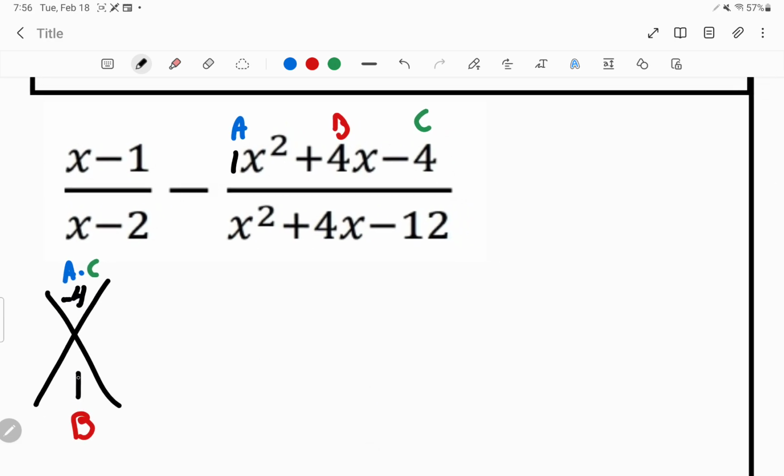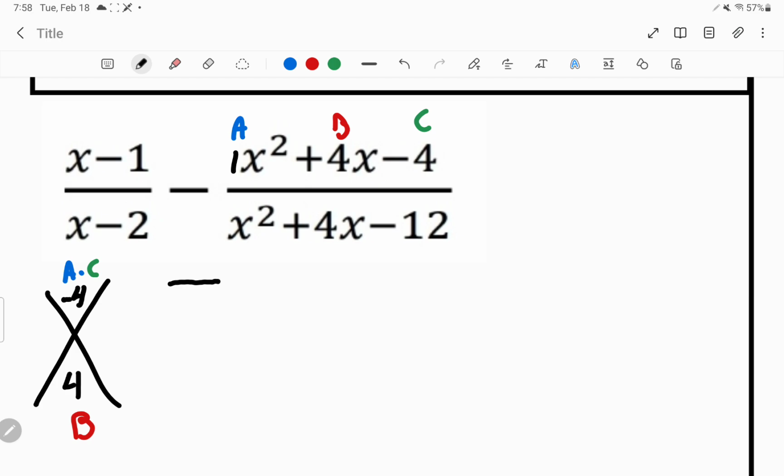B is 4. Now, how am I going to be able to get negative 4 and 4? Is it even factorable? Let's figure it out. Actually, it may not be factorable.